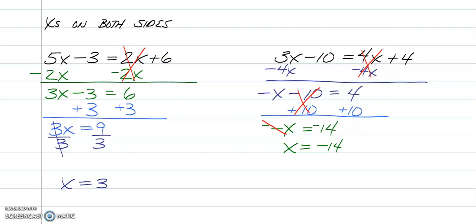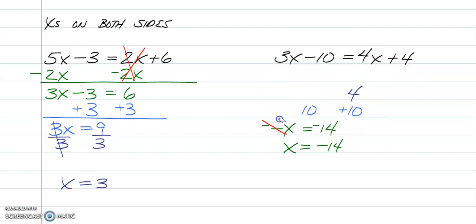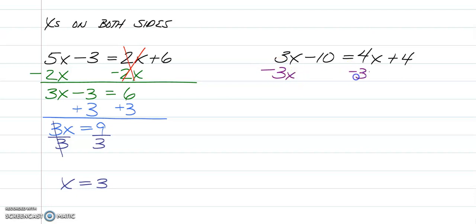So, if I would have done it the other way, this is what would have happened. I would have said, move the smaller x. Well, if we have 3x and 4x, the smaller one is the 3x, so we're going to subtract 3x from both sides.